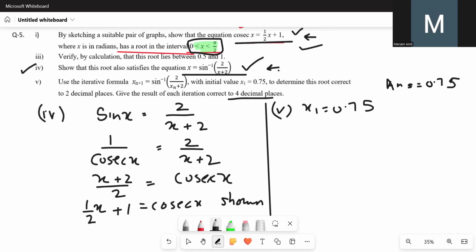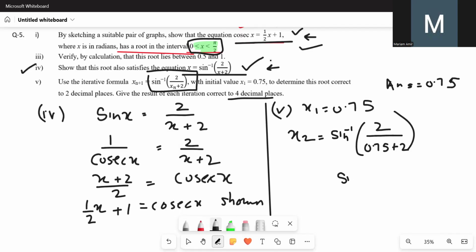For x2, you're going to write sine inverse of 2 upon 0.75 plus 2, but in your calculator you'll enter sine inverse 2 upon answer plus 2, because we need this answer value to change with every iteration.